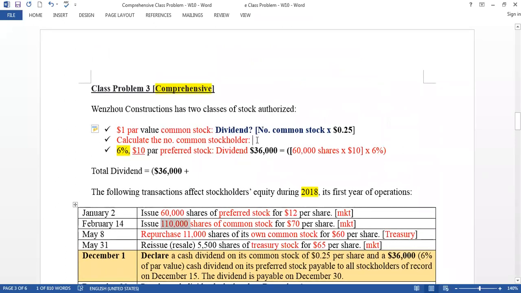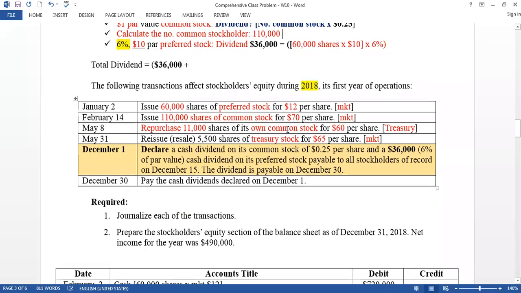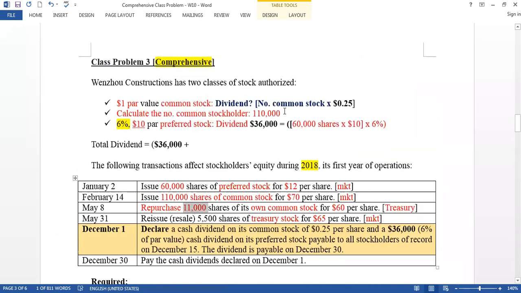From here, the repurchase: 11,000 shares of treasury stock. So this is minus, because you sell 110,000, then you buy back. After buyback, you sell again, to the shareholders, right?